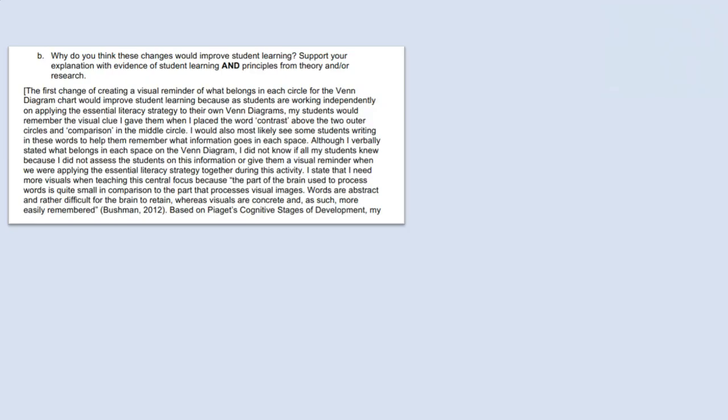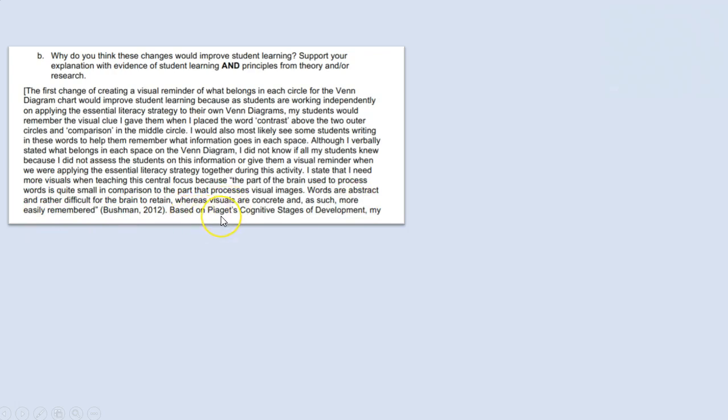Here's an example. So this person goes through and explains why they think that creating the visual reminder using the Venn diagram. Notice that she goes down here and she says, words are abstract and rather difficult for the brain to retain, whereas visuals are concrete and as such more easily remembered, and she quotes.